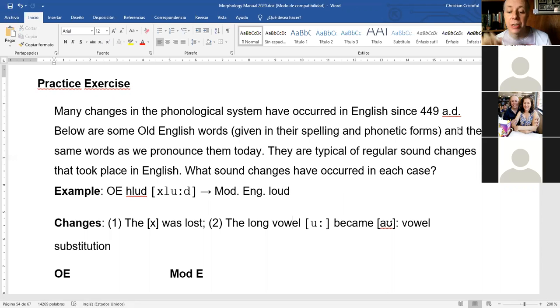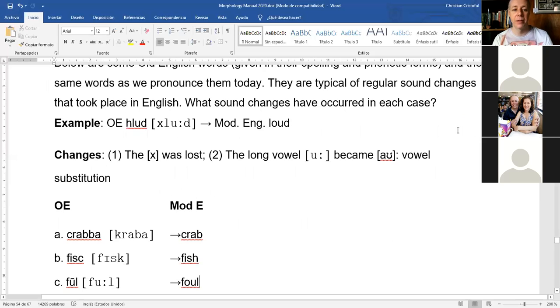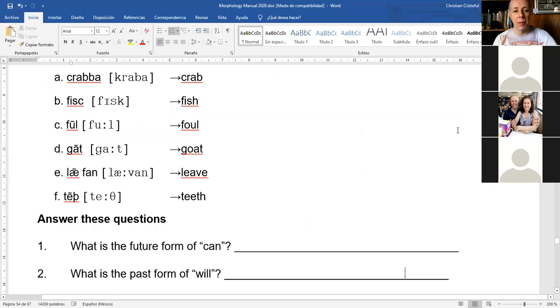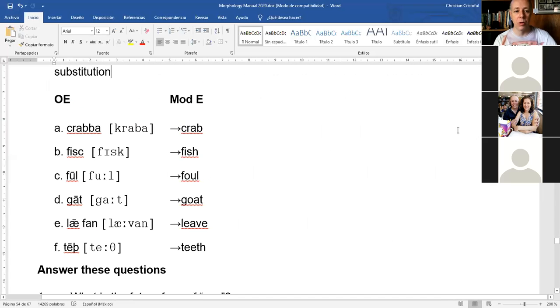Well, the sound was lost. And then the long vowel U, chlut, became ow, as in loud. So there was a vowel substitution. Okay. Here we have some other words, and let's do this all together.